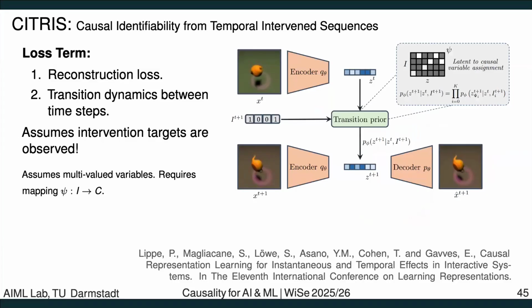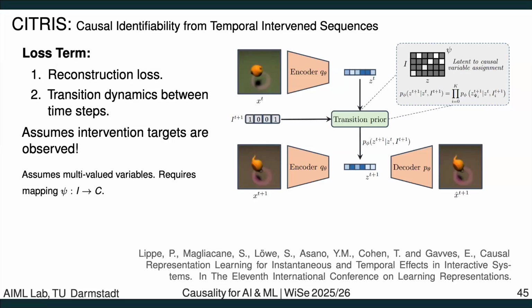So I think it's kind of intuitive if you don't look too deeply into the maths. Basically the assumption again is that we work on image data, that we have some autoencoding setting. So you take the image, have some neural network that encodes it into a latent vector. And from this latent vector, again, you want to decode it back to an image.